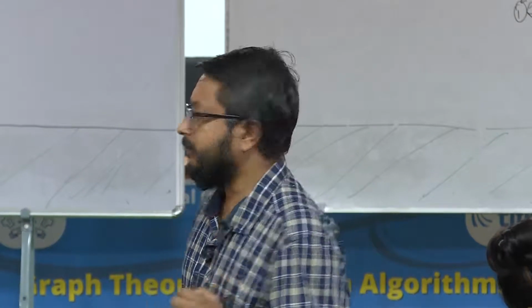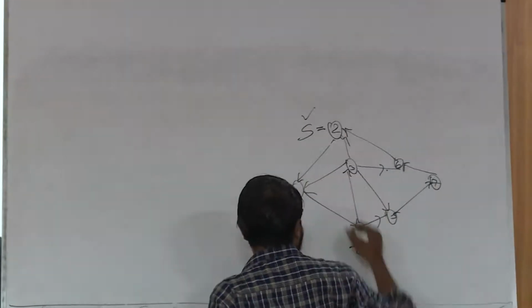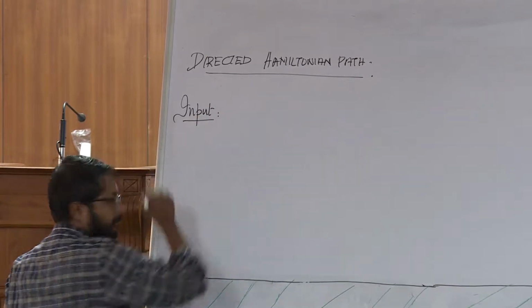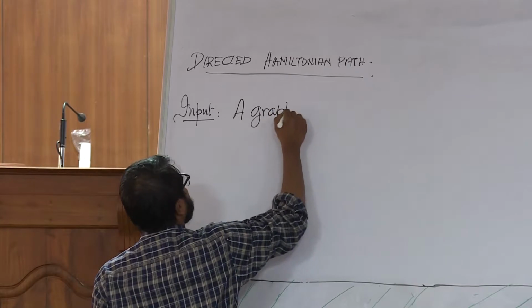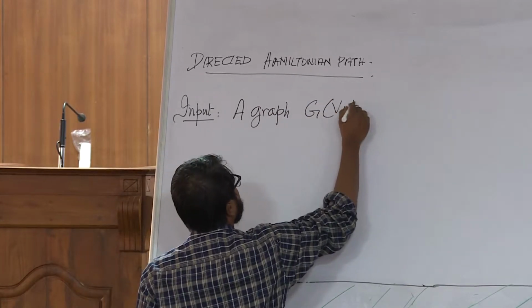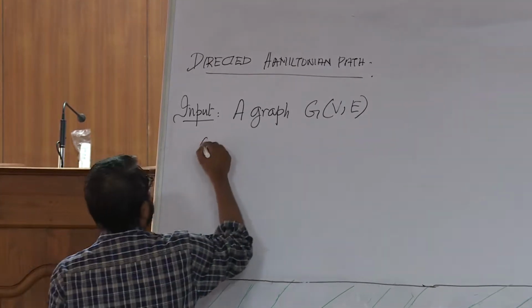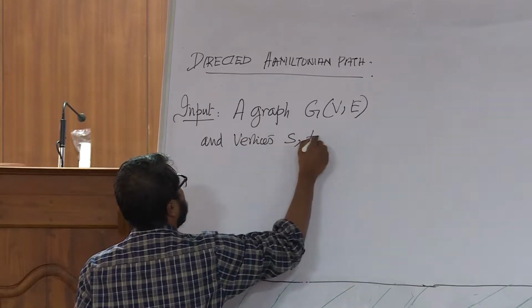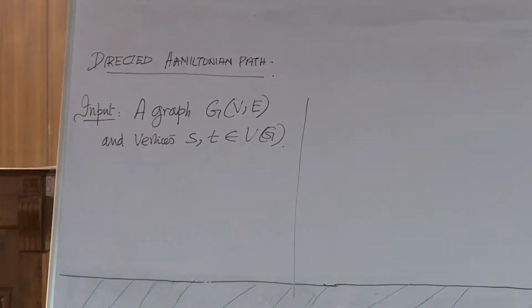Okay. So given a graph and a start vertex, what is the problem specification? Given input, a graph G and vertices S, T in the vertex set of G. What are we looking for?